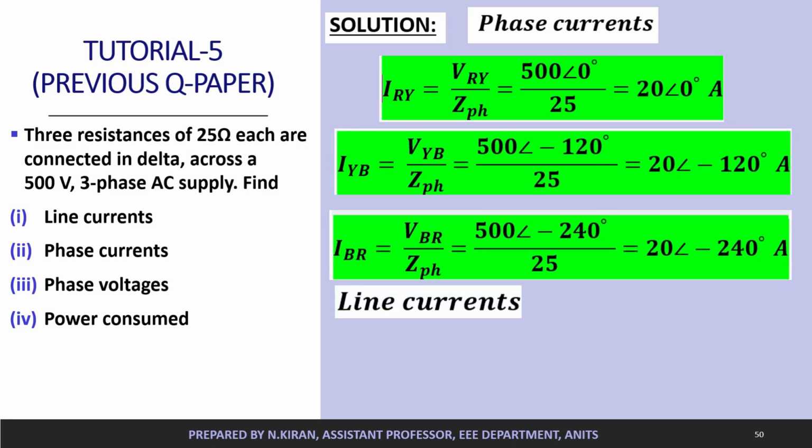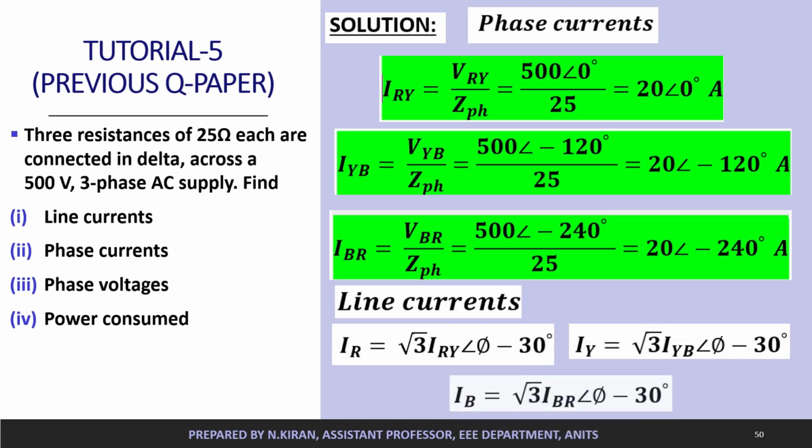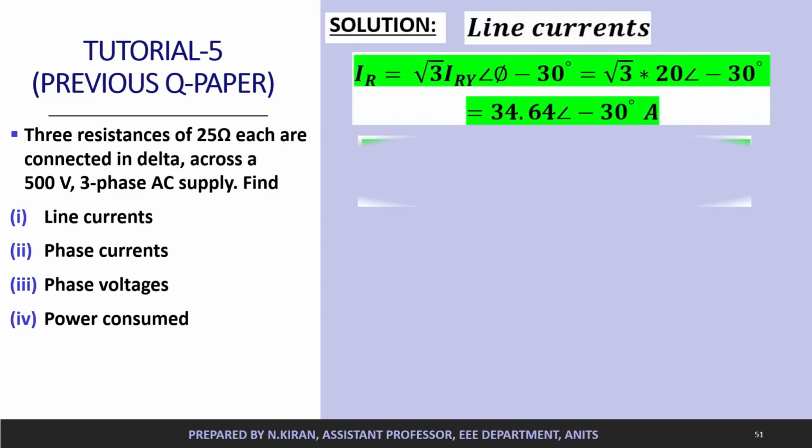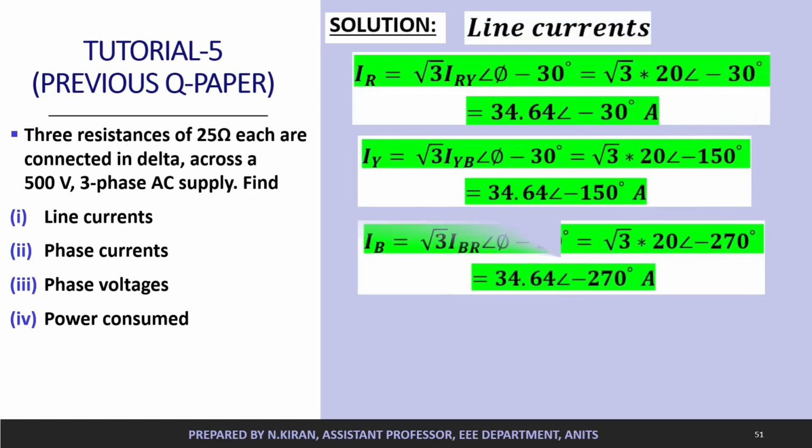Since this is the delta connection system, line current magnitude is nothing but root 3 times the magnitude of phase current, and every line current will lag the respective phase current by 30 degrees. So on substituting the values in the formula, I'll get the expression for line currents.